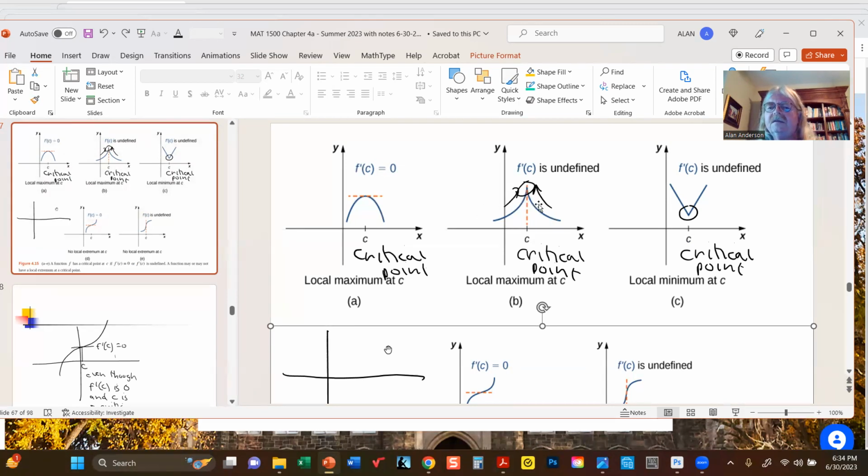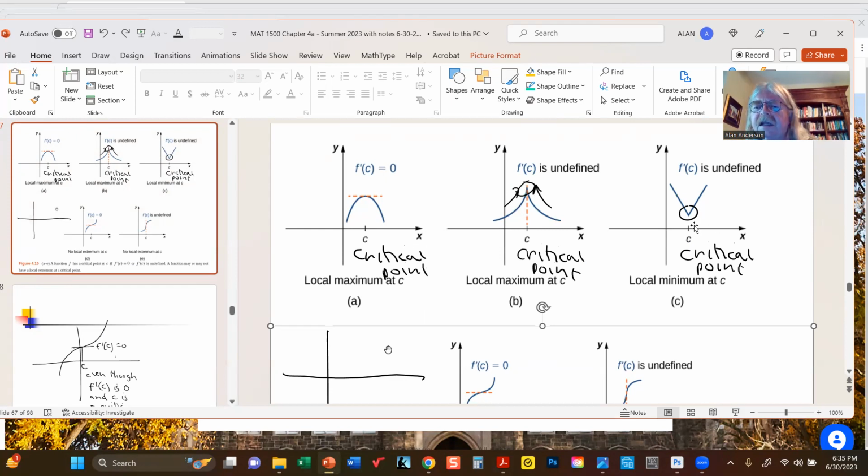Here, that's not happening. As x approaches from the left, we have a very different slope than as x approaches from the right. So where they meet, we do not have a derivative. The derivative can only be defined if the slopes on either side of that point are converging to each other.